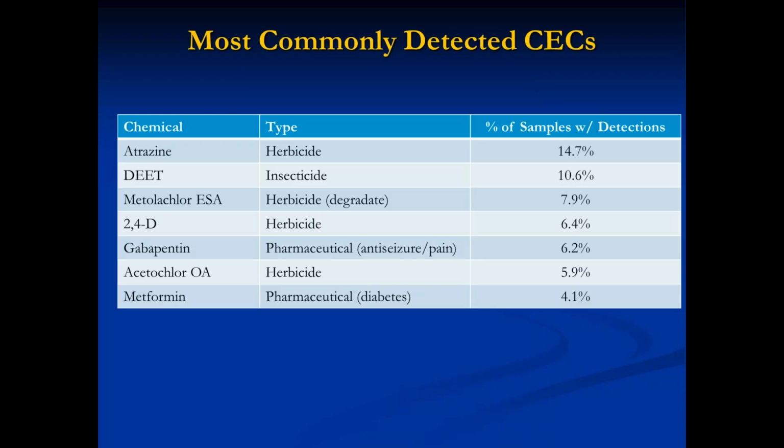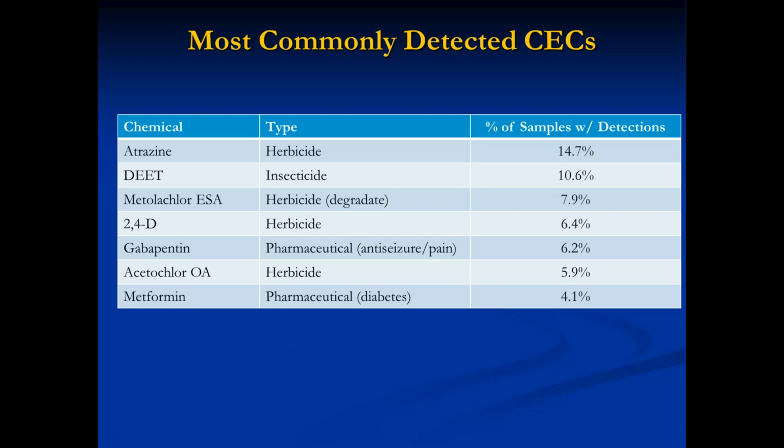And what were we detecting? Here I'm listing the top 7 things that we would detect when we would get detections. This list is a little bit different than what Rebecca had. But most of the chemicals on this list are herbicides. The exception to that would be gabapentin, which is an anti-seizure pain medication, and metformin, which is taken to treat diabetes.